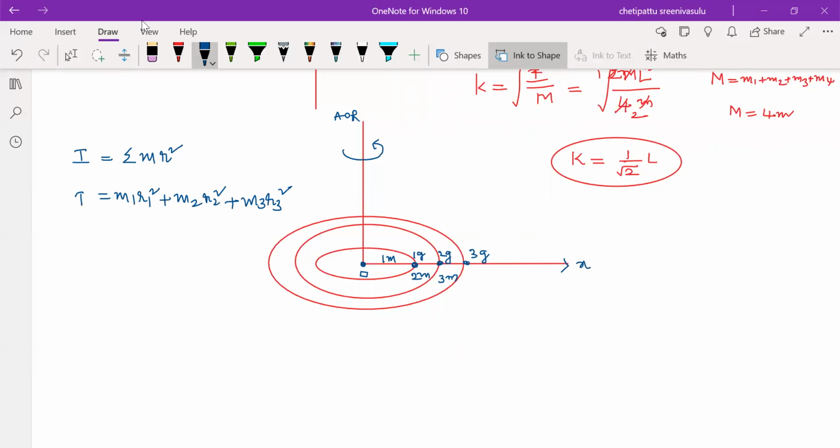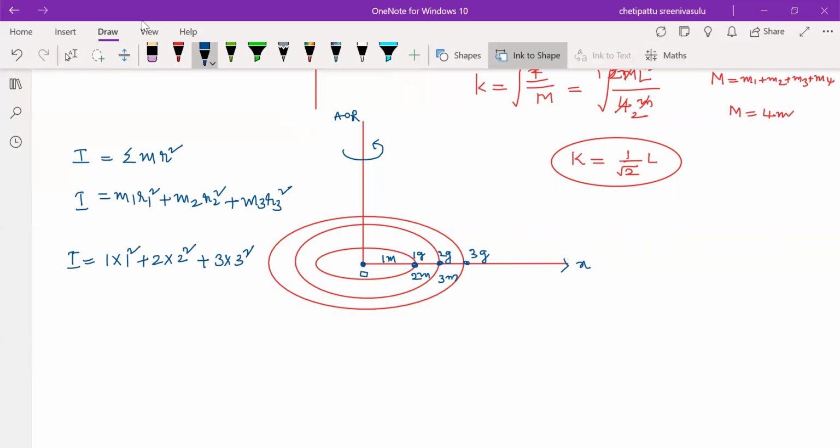I equals what we can write? M1 is 1 gram, R square, 1 square, plus second 2 gram into distance 2 meter square, plus 3 gram into 3 meter square.